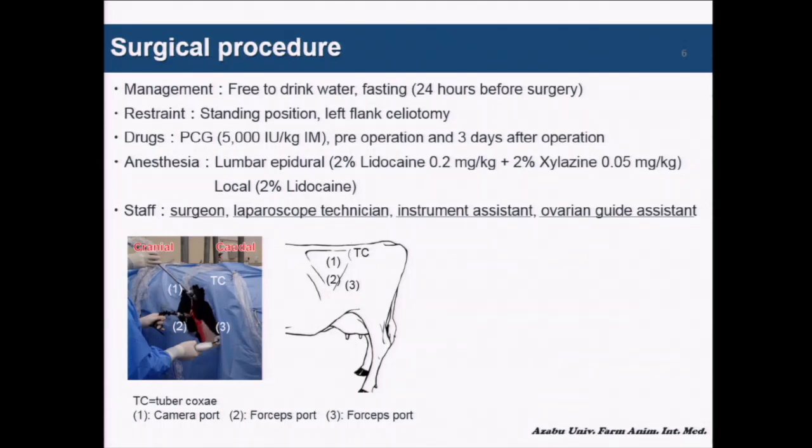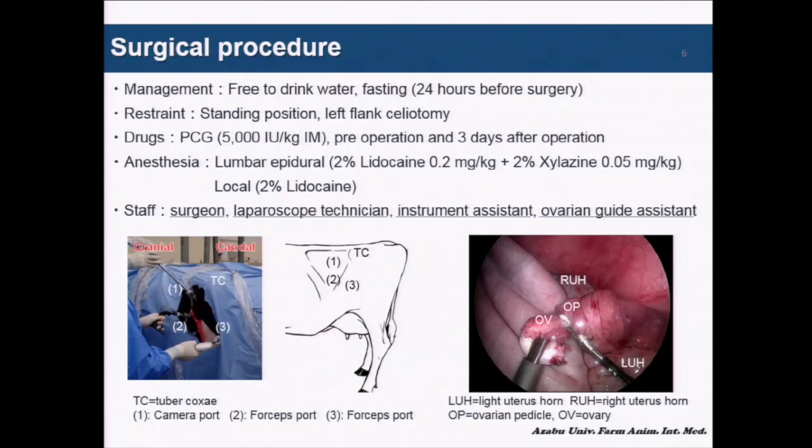In the control group, once the uterus was identified with the laparoscope, we followed along the uterine form, regrasping repeatedly until the ovary was identified. In the guidance group, the assistant grasped the ovary via the transrectal approach and held up the ovary in front of the laparoscope.